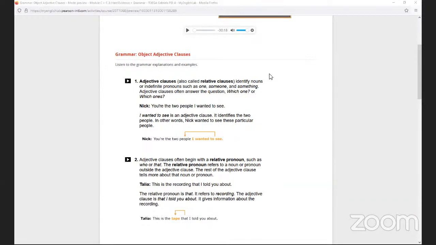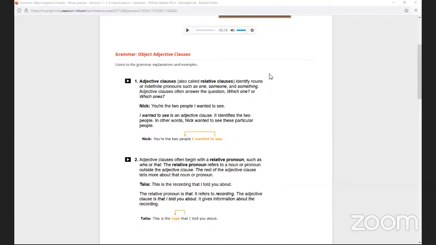When we don't know how many people or things we are talking about, like I remember no one, nobody, or everybody, or it's not that. No, no. These adjective clauses, okay, the others are the indefinite pronouns. Nobody, everybody, those are the indefinite pronouns.